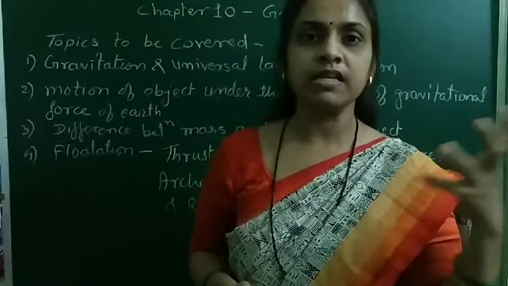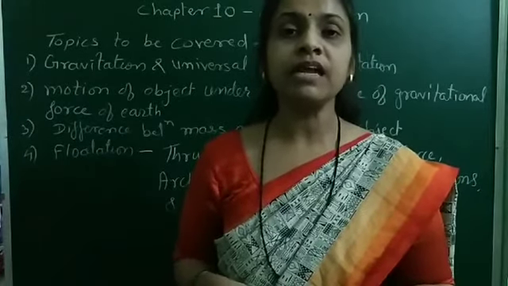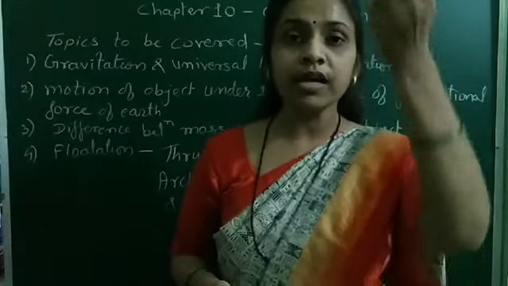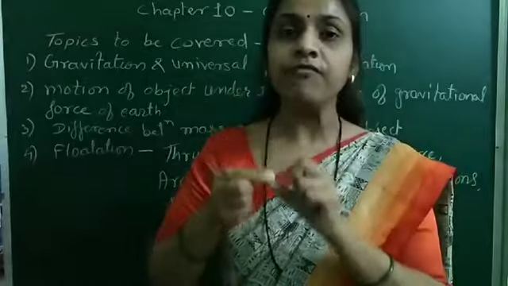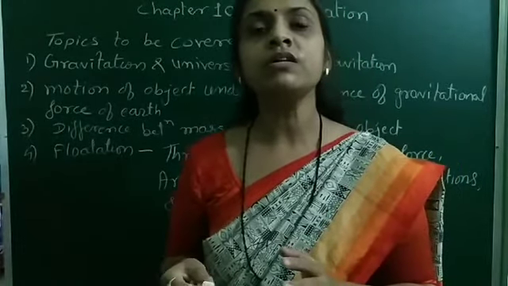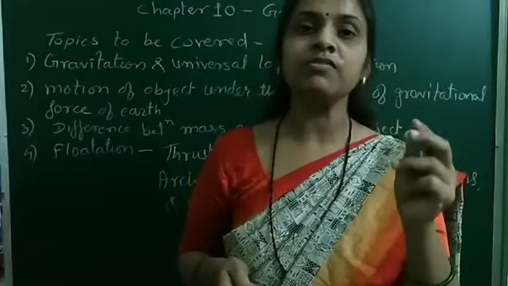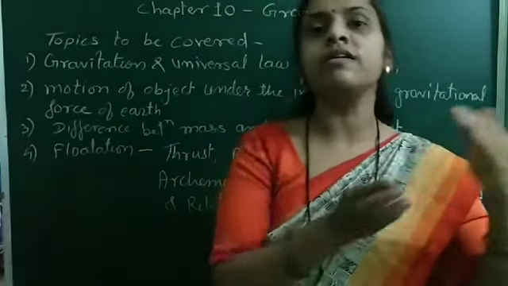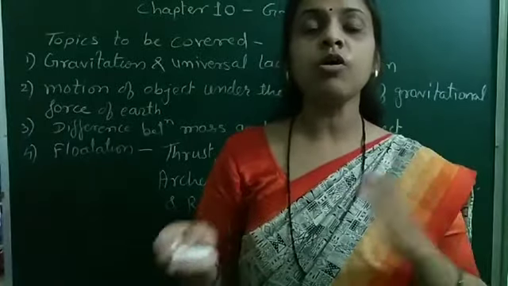So if we consider any stone, or an apple, anything that moves upward always falls downward, because each and every object also exerts force on the earth, but the mass of the earth is so much larger compared to the object, and therefore the object gets attracted towards the earth, and the earth does not get attracted toward the object, though both exert force on each other.